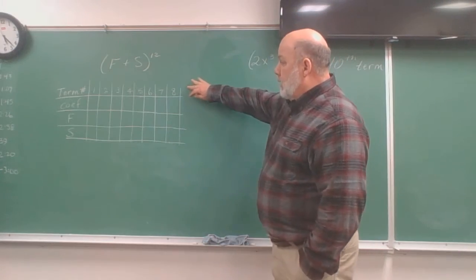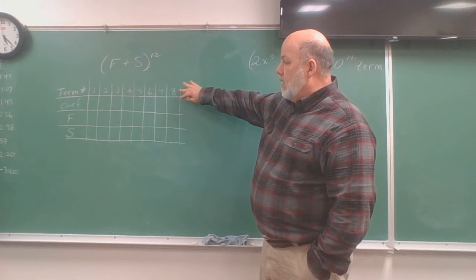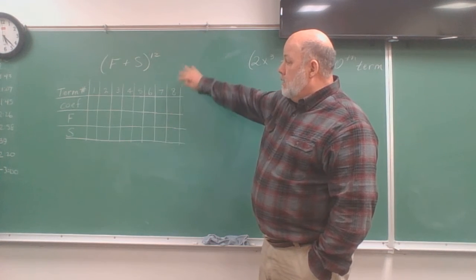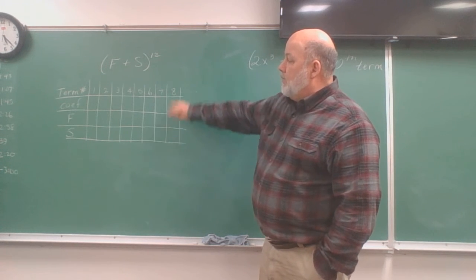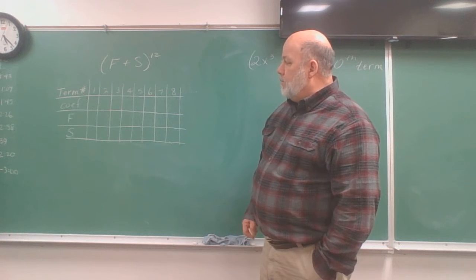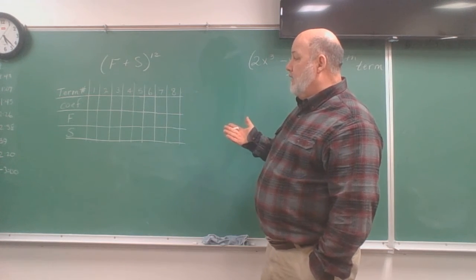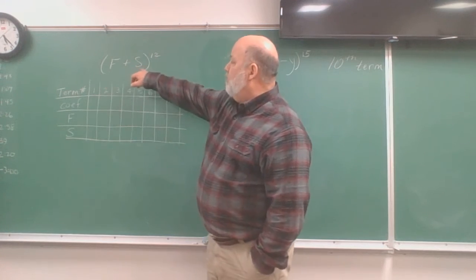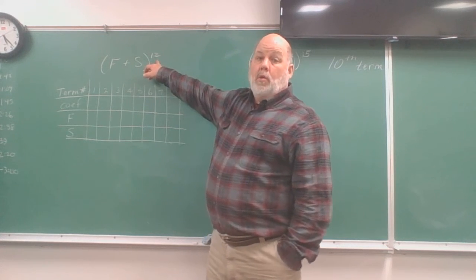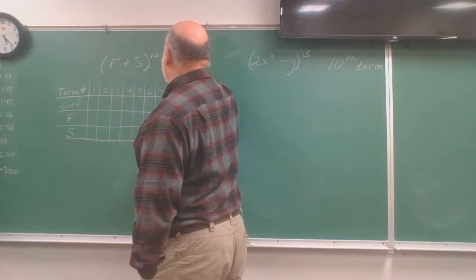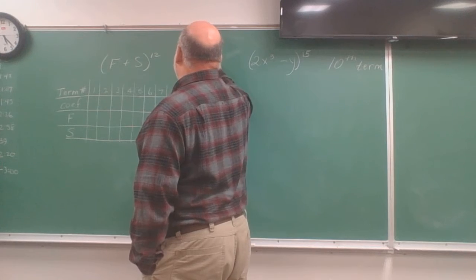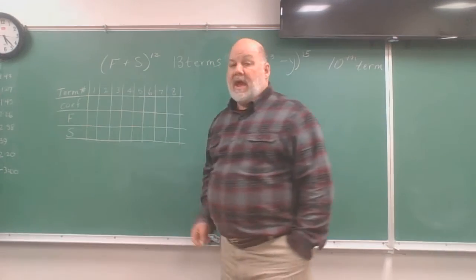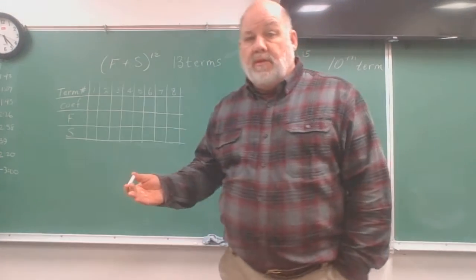We learned last year, in 2019, and even before that, to write up our grid like this. F plus s to the 12th power, if we were to do it completely out, would have 13 terms. They're not asking us to write out all 13 terms.